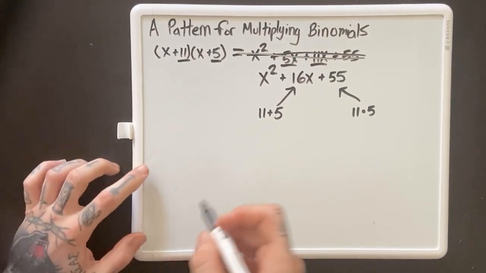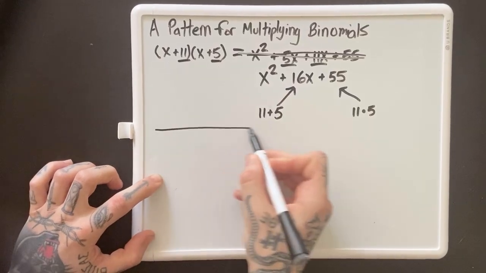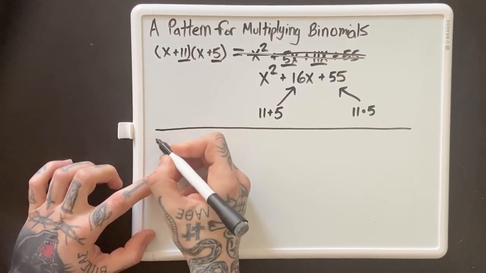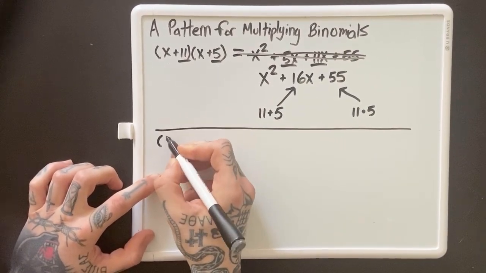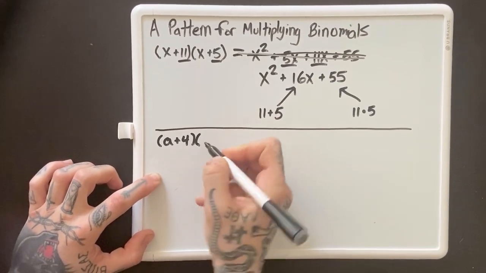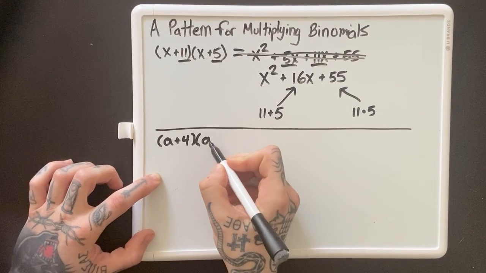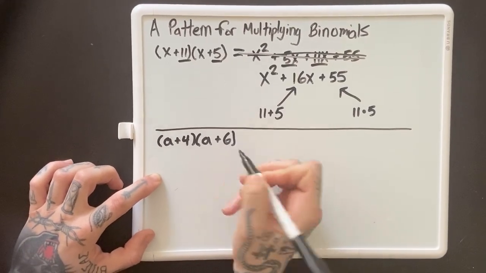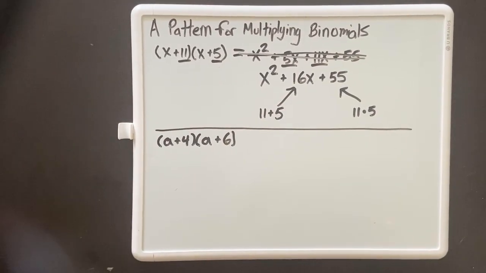Let's look at a different binomial pair: a plus 4 times a plus 6. So we're going to try to apply the relationship we just observed.